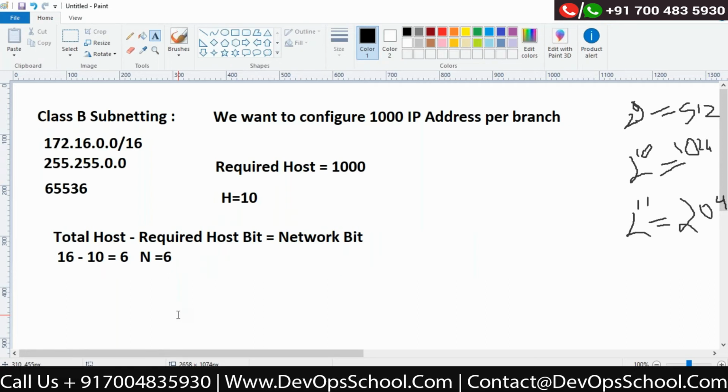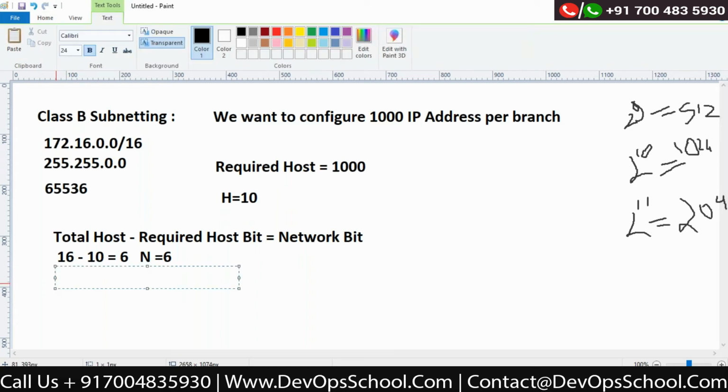Very simple. Then how do we calculate total network bits? Total network bits is equal to 16, because 16 bits are already available for the network side, plus the additional 6 we got.